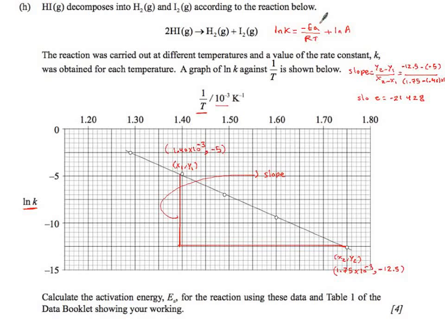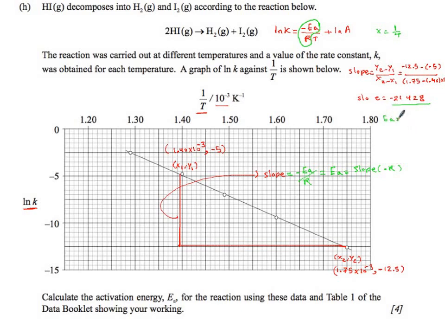Now the slope is simply minus Ea over R. So this is the slope part of it, and your x is 1 over T. If you have a number for it, which we just calculated, then if you are calculating Ea, it's equal to slope multiplied by minus R. So let's do that.